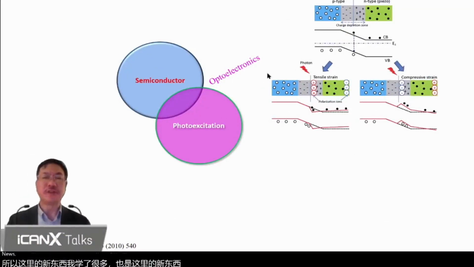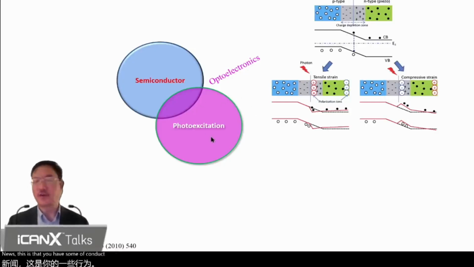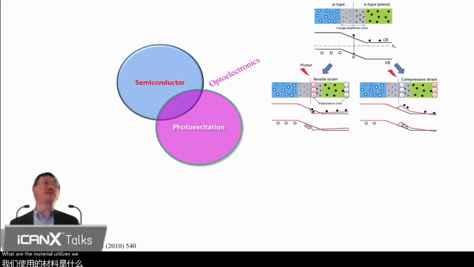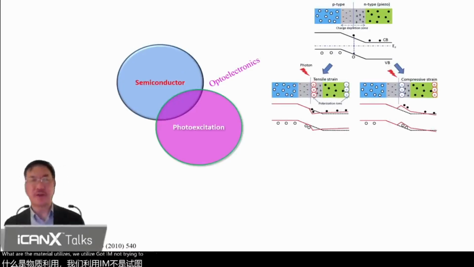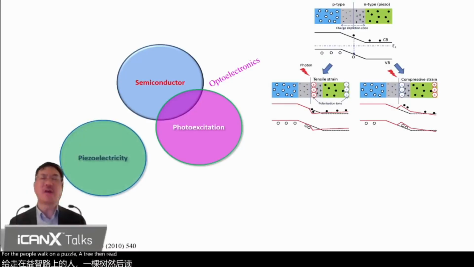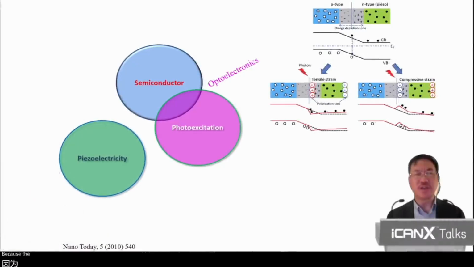What's new is that you have semiconductor photoexcitation. The integration tool is optoelectronics, a huge area. What materials do we utilize? We utilize gallium nitride, aluminum gallium nitride, and silicon carbide for those devices. People who work on piezoelectrics rarely utilize gallium nitride, because the piezo coefficient is much lower than PZT.